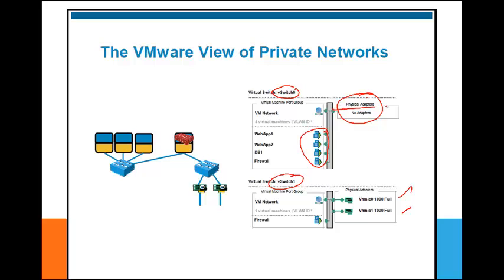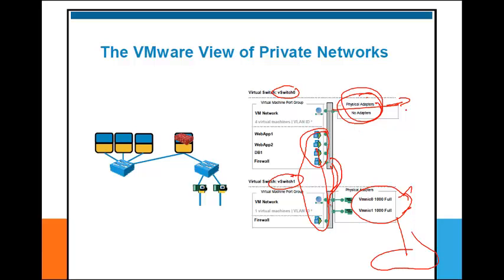They do not talk outside. They can talk like this also, from one vSwitch to another vSwitch, through VMware software, but they cannot talk outside because there is no physical adapter. If they want to talk to the internet, they can come from one vSwitch to another vSwitch and go out like this.